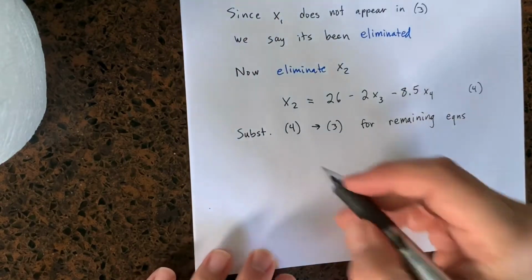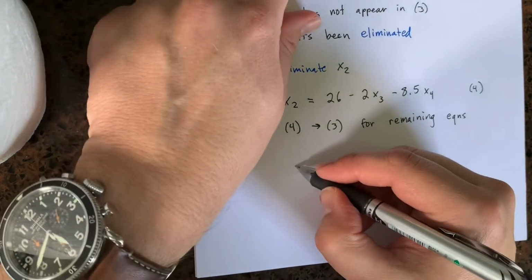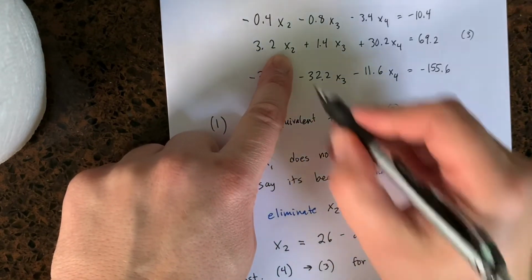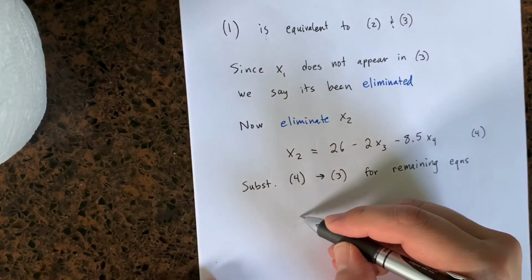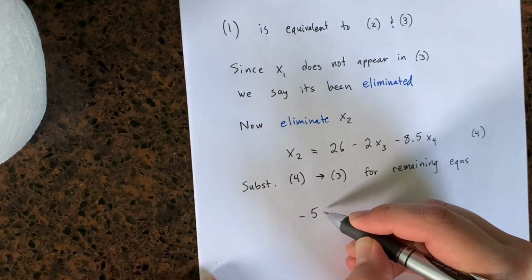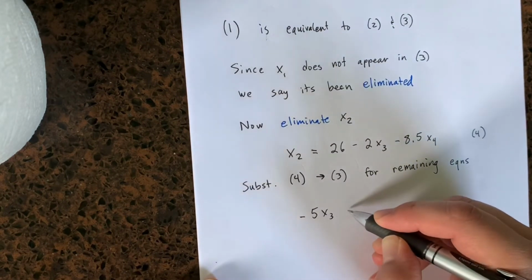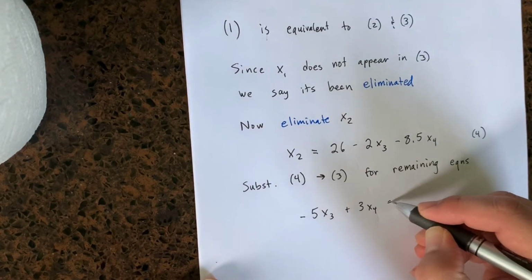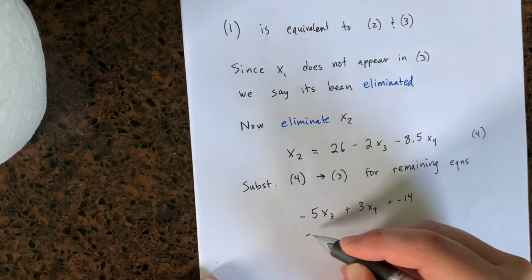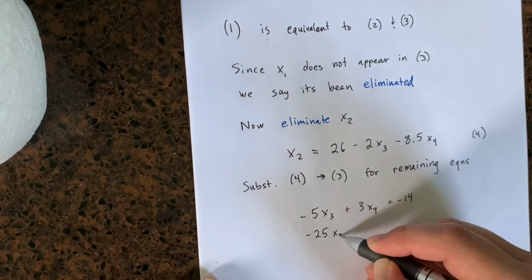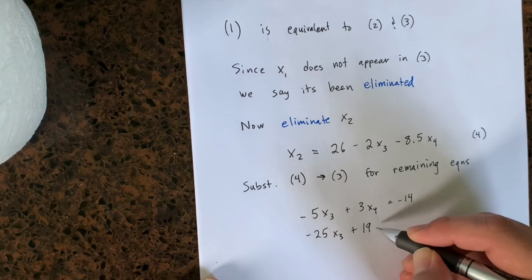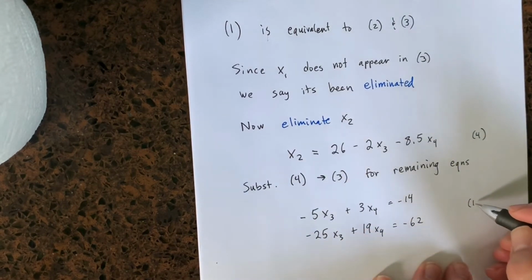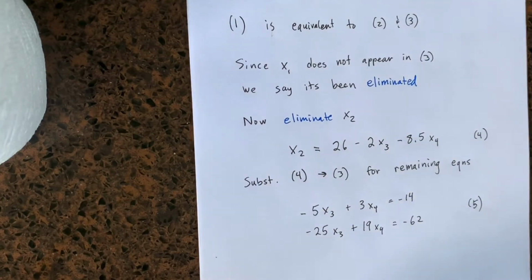All right, so we do that, plugging in equation 4 into here, we finally get minus 5x3 plus 3x4 equals minus 14, minus 25x3 plus 19x4 equals minus 62. Call that set of equations 5.